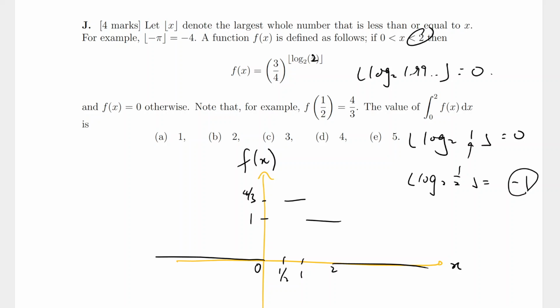The same logic works for the next bit, which would be 16 over 9, going from 1/4 to 1/2. Then it extends to infinity, because if you take the log of a number very close to 0, you get a very big negative number.